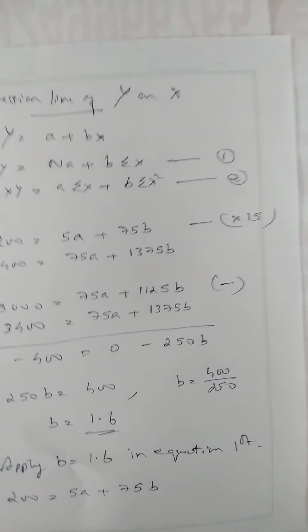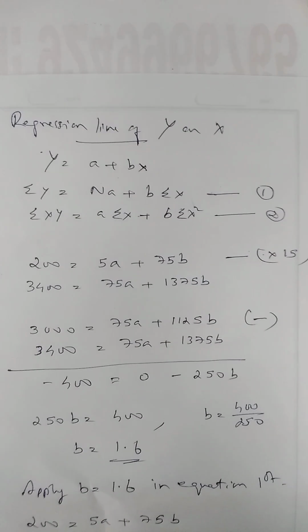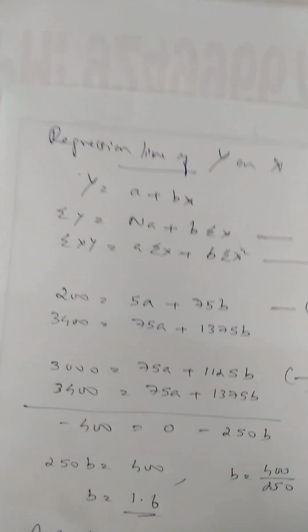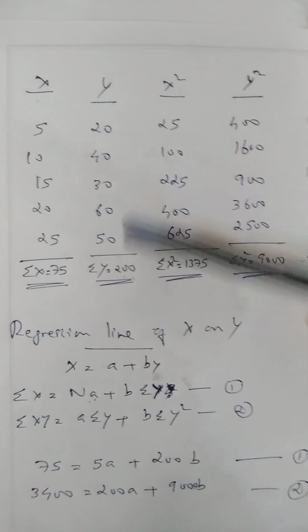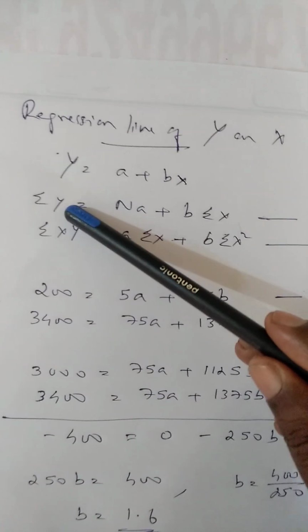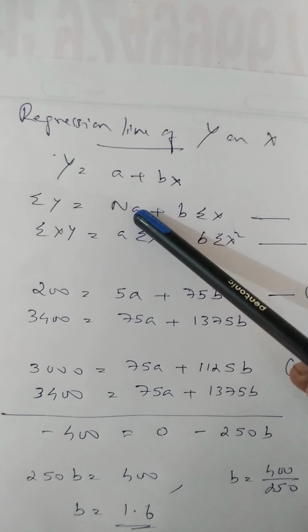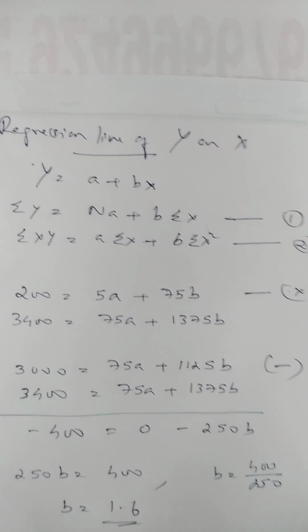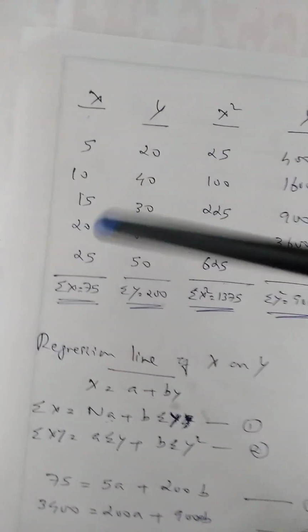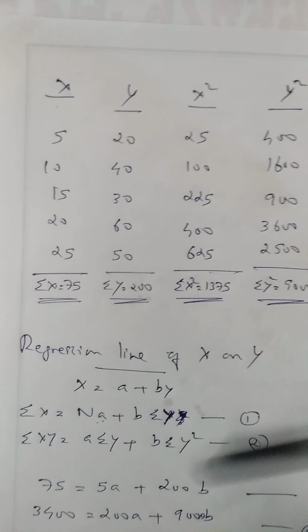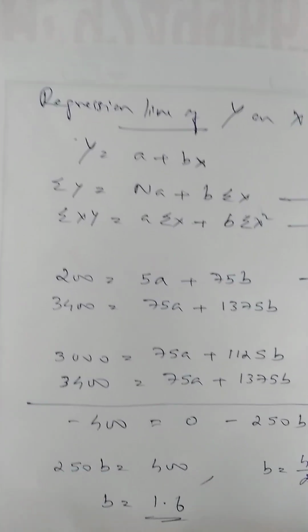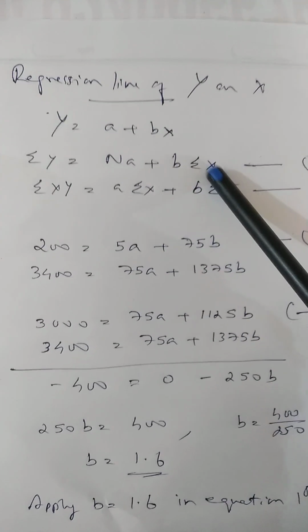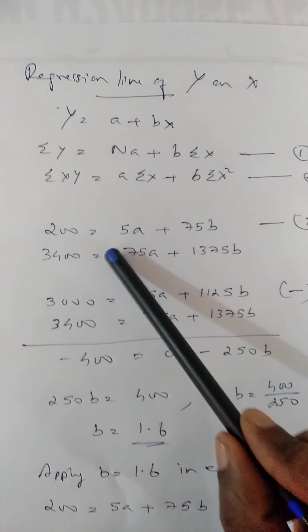We know from the table sigma y is 200, and the value of n is 5, so 5a plus sigma x, which is 75, so 75b.